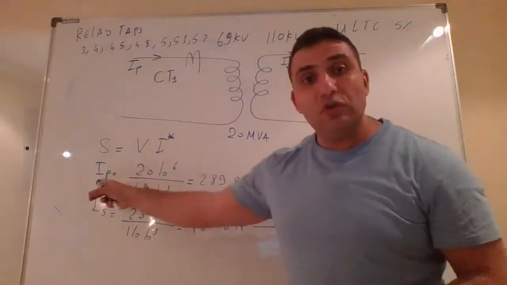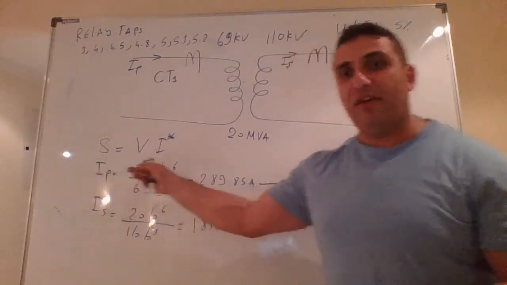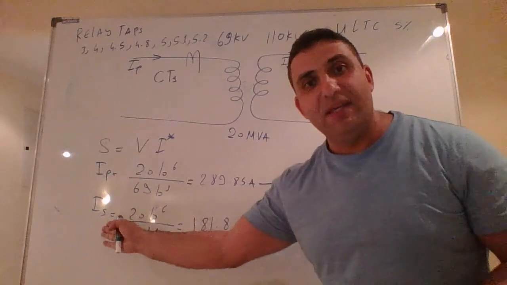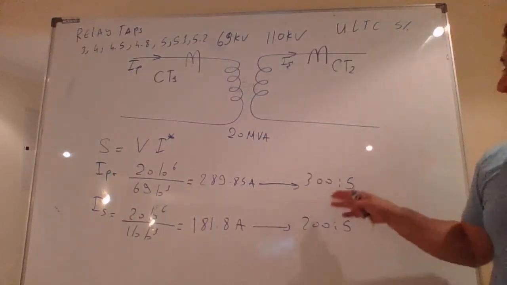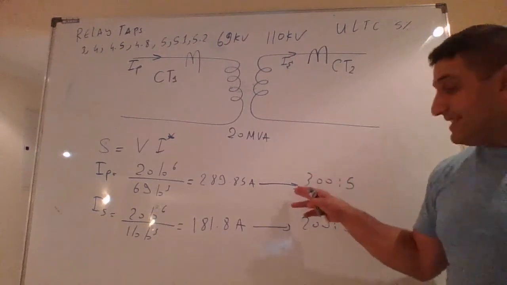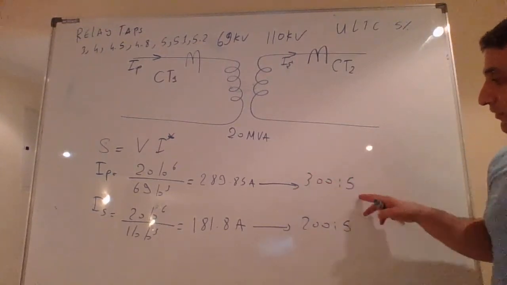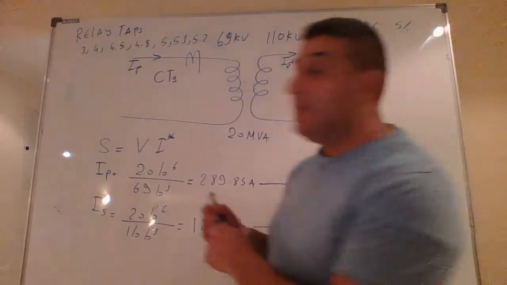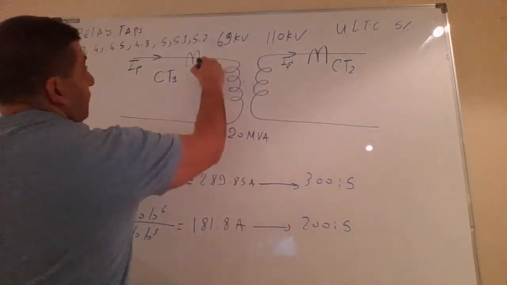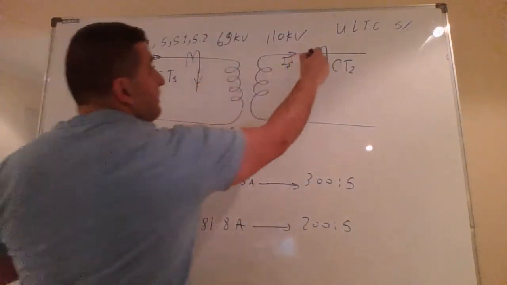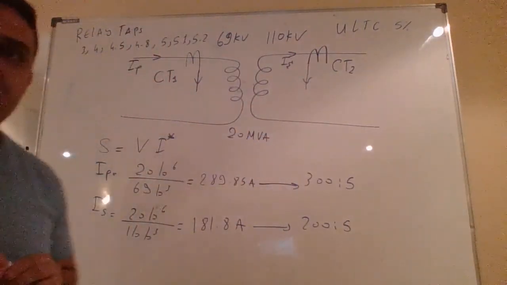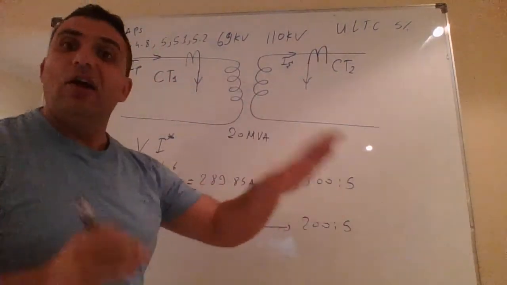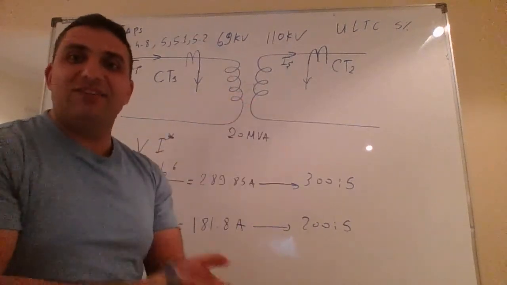I find the magnitude of the primary current and of the secondary current. Both lead me to specify the actual CT ratio, 300 to 5, which means under perfect conditions the current will never exceed 5 amps. Under rated condition, it will only exceed it under fault condition.